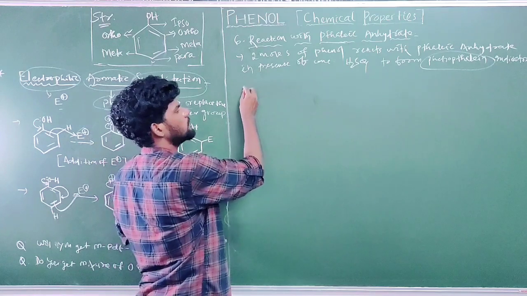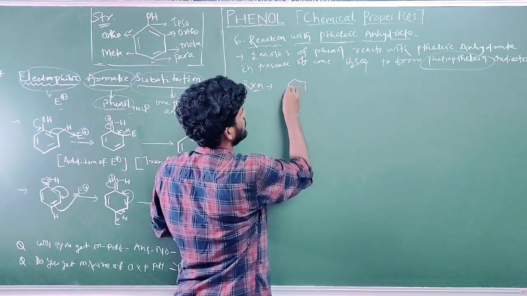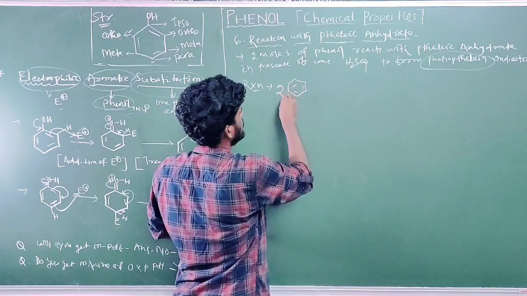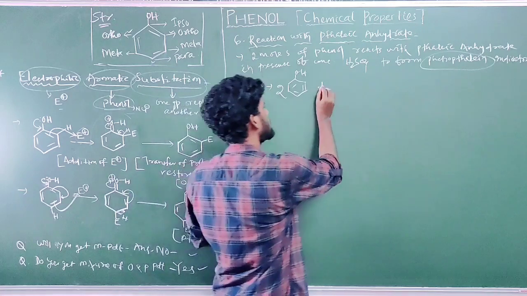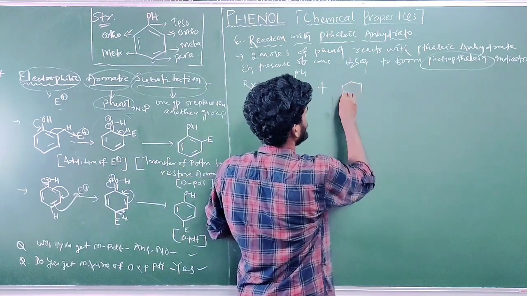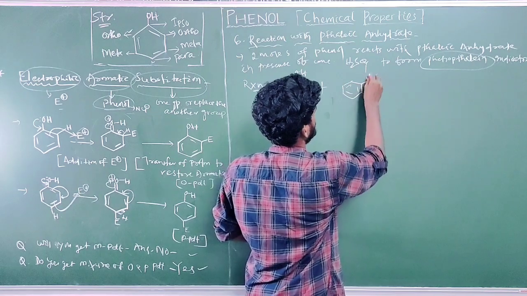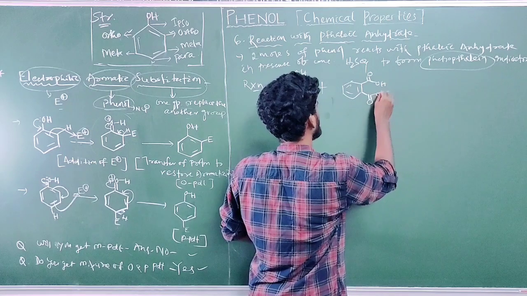So next, write the reaction. 2 moles of phenol with phthalic anhydride. First look at the structure of phthalic acid, which all of you know, then phthalic anhydride. Anhydride means loss of a water molecule from phthalic acid.